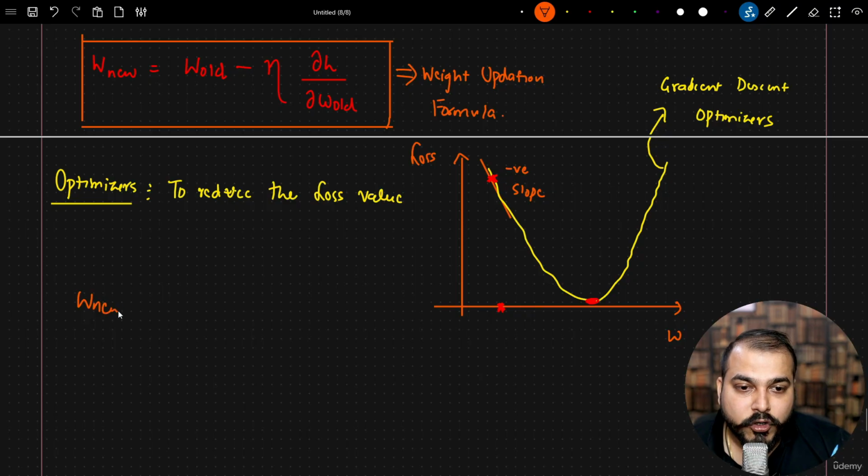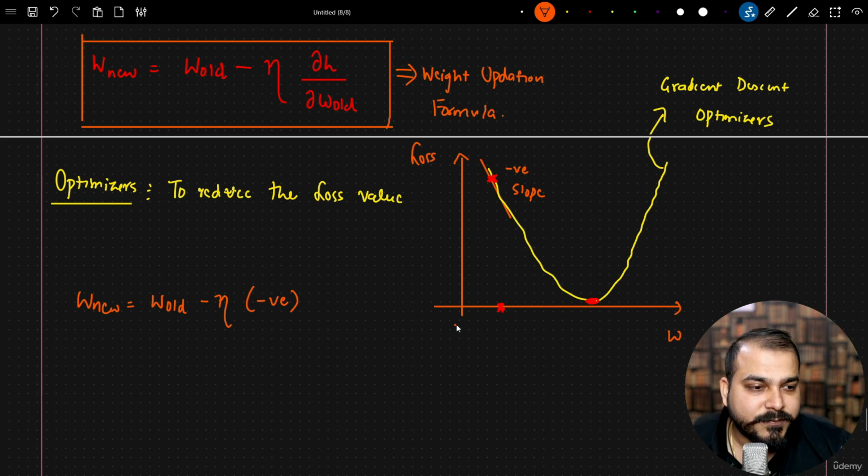Now my W new will be nothing but W old minus learning rate times a negative value. So what is basically happening here: this is 0, and as we go ahead, W is increasing in this direction.